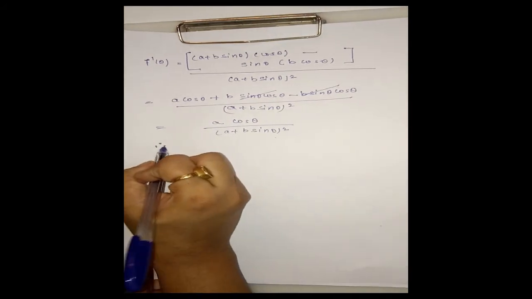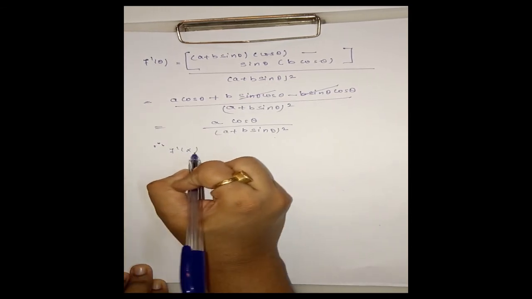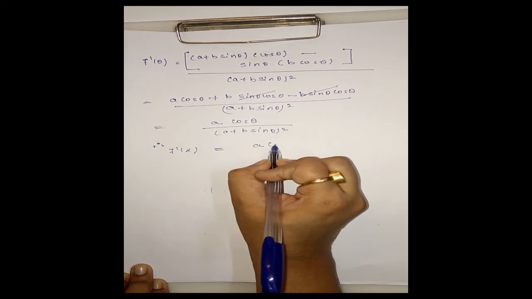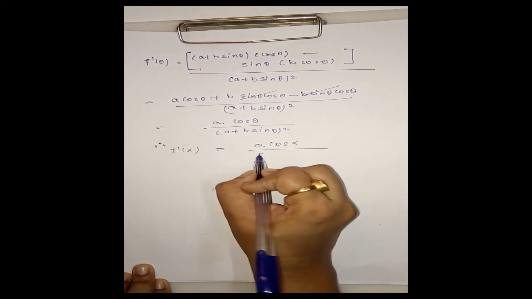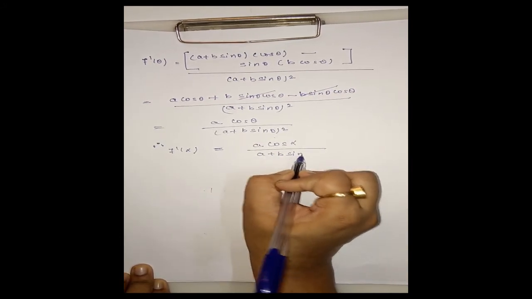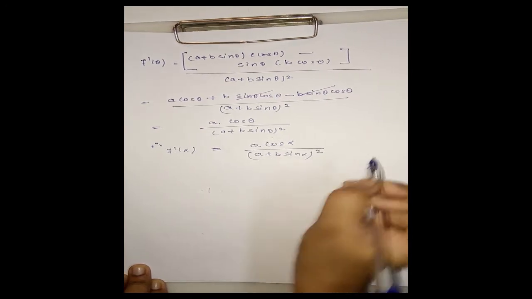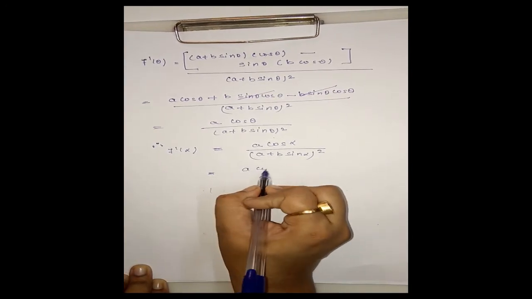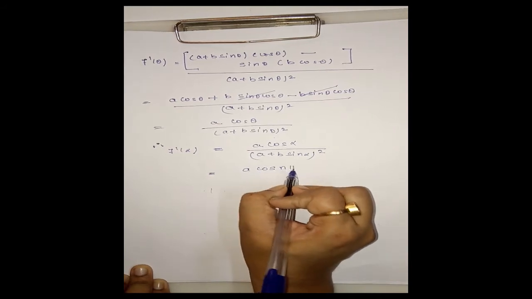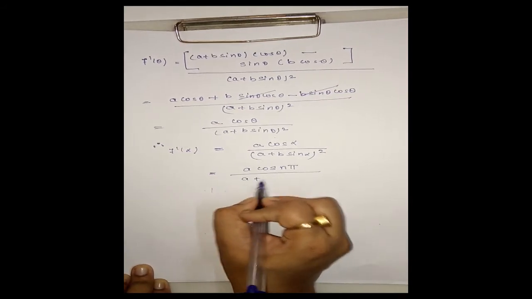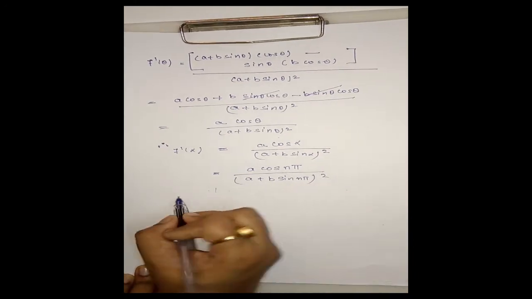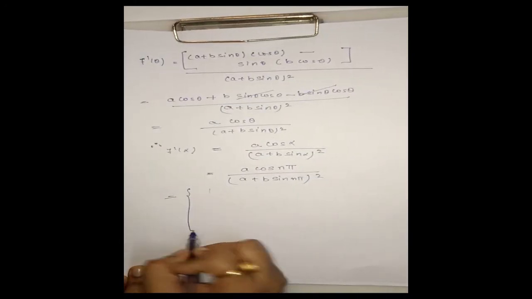Therefore, f dash alpha, on substituting theta as alpha, I get a cos alpha by a plus b sin alpha whole square. And we know alpha is n pi. That means this can further be written as a cos n pi upon a plus b sin n pi whole square, which has two values.